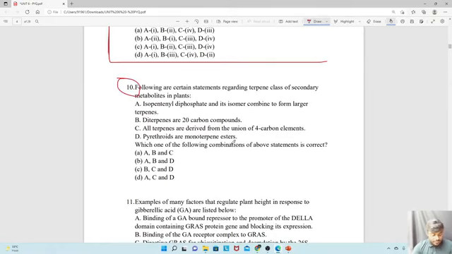Question number 10. Part C. Easy question, friends, so you can answer this. Just think it correctly.